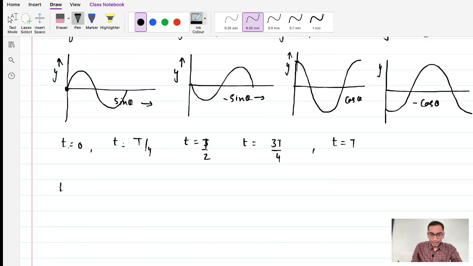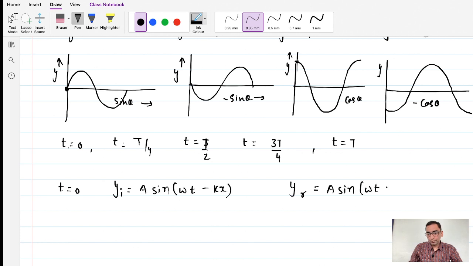So first of all, at time t equals 0, we are going to write down the incident equation. y incident is a sine(omega t minus kx), and the reflected wave y reflected is a sine(omega t plus kx). Now we are going to substitute t equals 0 in both cases, whether it is the incident wave or the reflected wave. We get the incident wave as a sine(minus kx), and the reflected wave as a sine(kx), as the time part goes off.